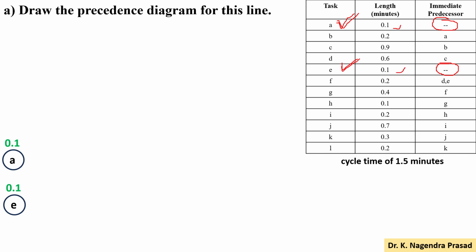So next we have to go for task B. For task B, the immediate predecessor is A. So after completion of A, B will start immediately, and its processing time is 0.2 minutes. Next, task C will start after completion of B, and its processing time is 0.9 minutes.